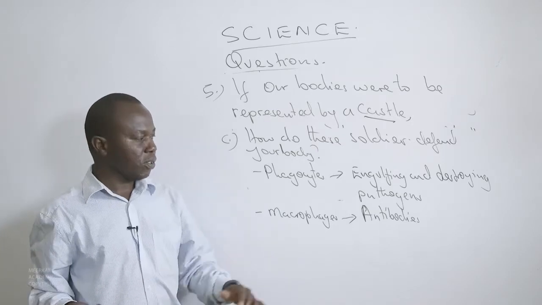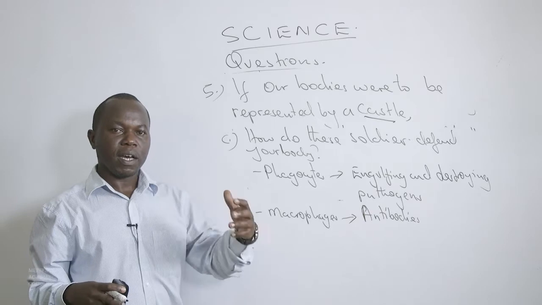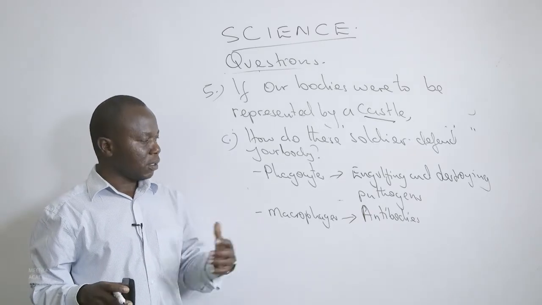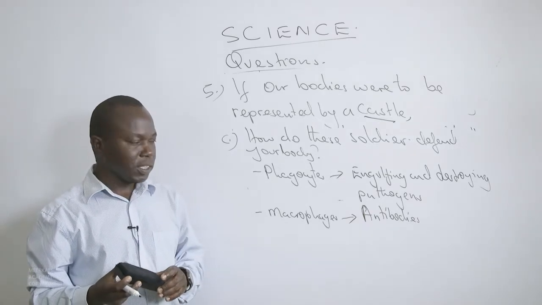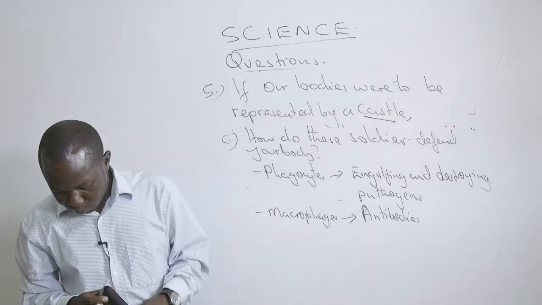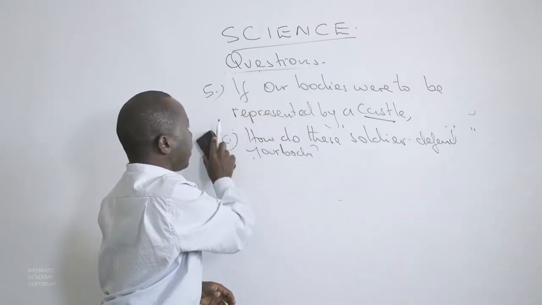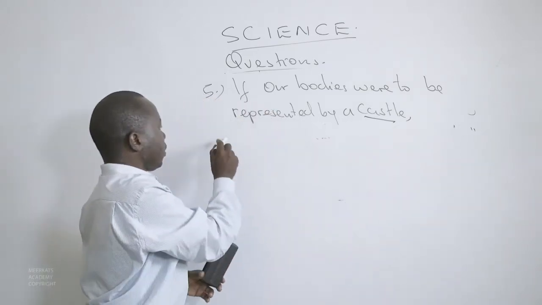Antibodies are going to destroy pathogens in different ways. Some of them are antitoxins. Some of them are lytic. We are going to look at some of them. Then part D of that question.